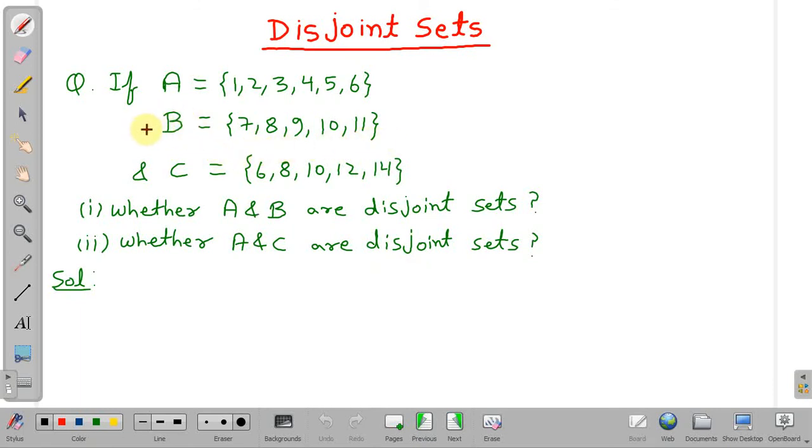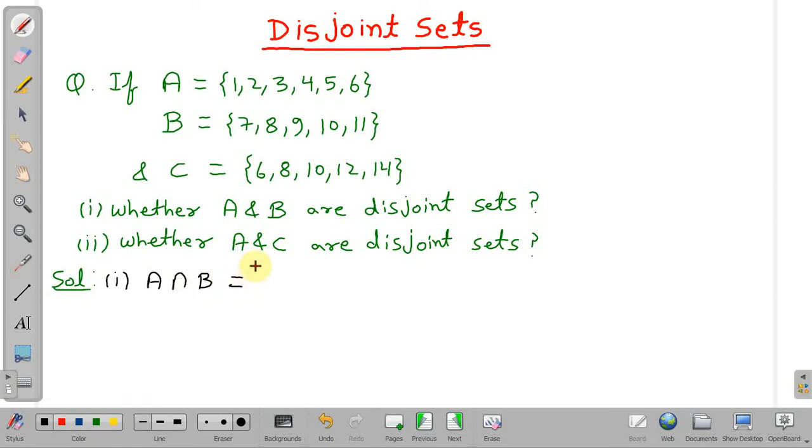In this problem, three sets are given and their elements are listed, and we have to tell whether A and B are disjoint sets and whether A and C are disjoint sets. First we will solve part 1. We have to find A intersection B, and if A intersection B is an empty set, then A and B will be disjoint.